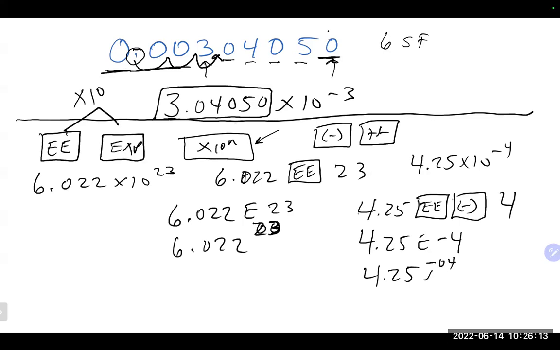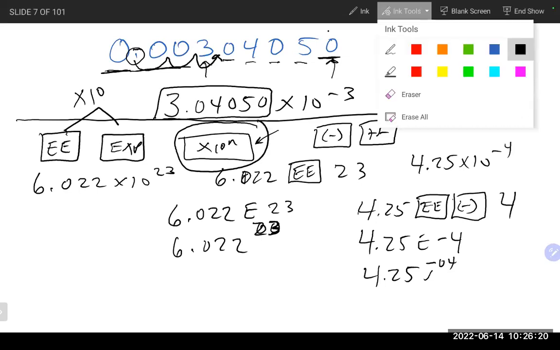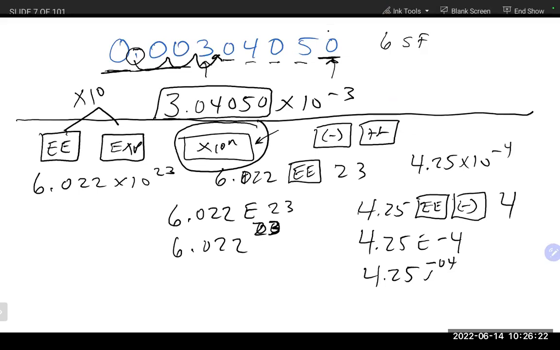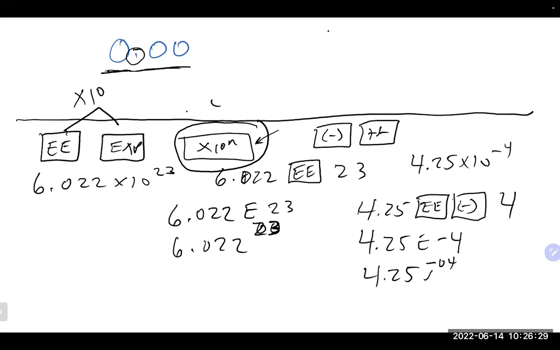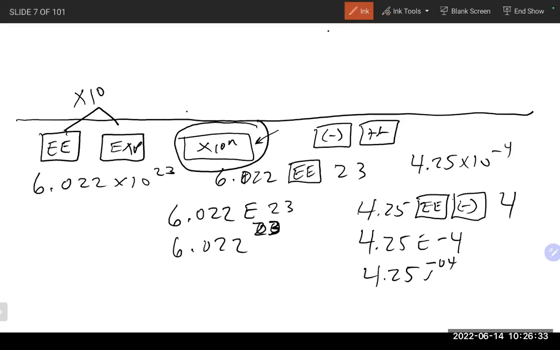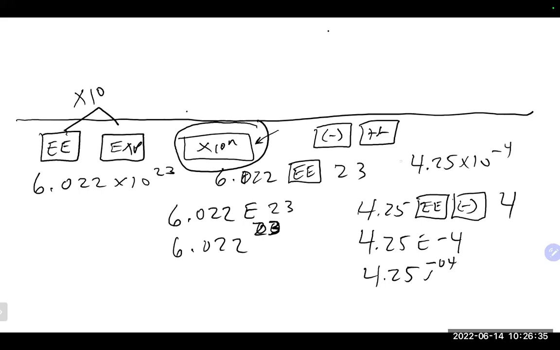Now, those that have some of the newer calculators that have this button here, what you need to do is an extra step based on the way your calculators are programmed. So let's just say you were doing this number and you have this button here. You would actually need to start with a parentheses first.